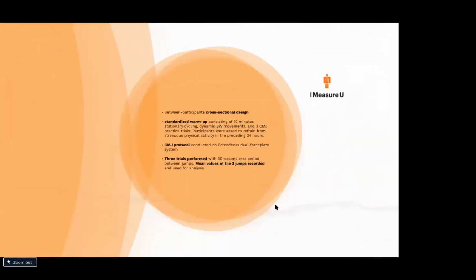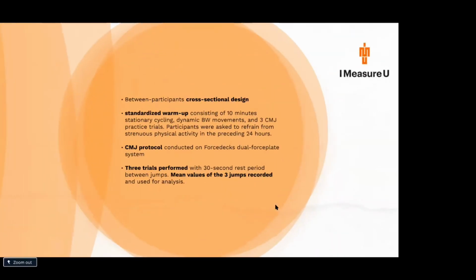In terms of the protocol, it's a very simple countermovement jump protocol conducted on ForceDecks. Obviously a between-participant cross-sectional design. The participants underwent a standardized warm-up, which consisted of 10 minutes stationary cycling, dynamic bodyweight movements, and then 3 countermovement jump practice trials.